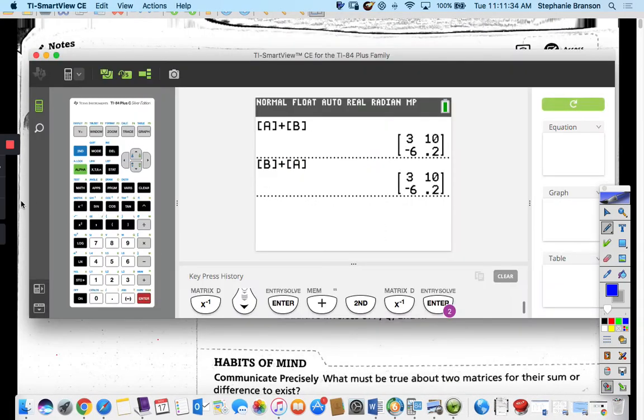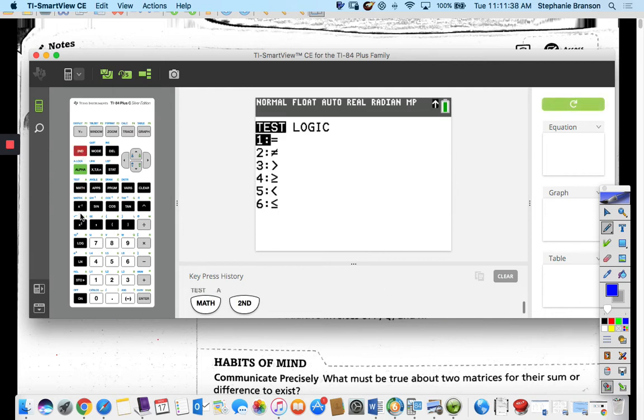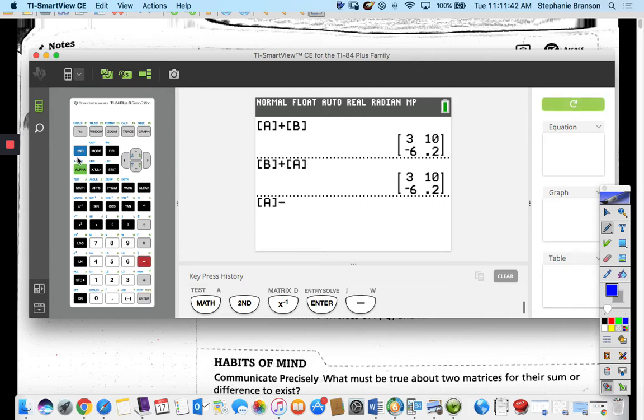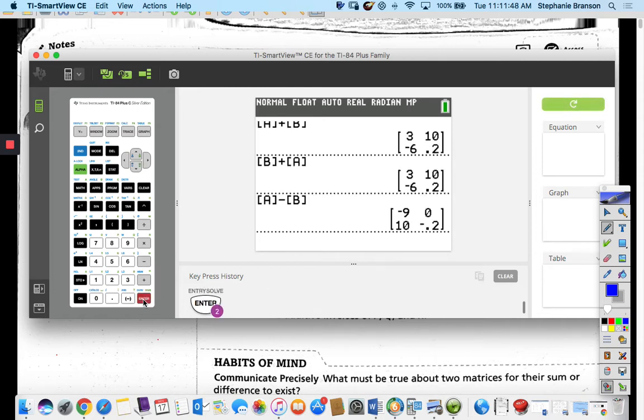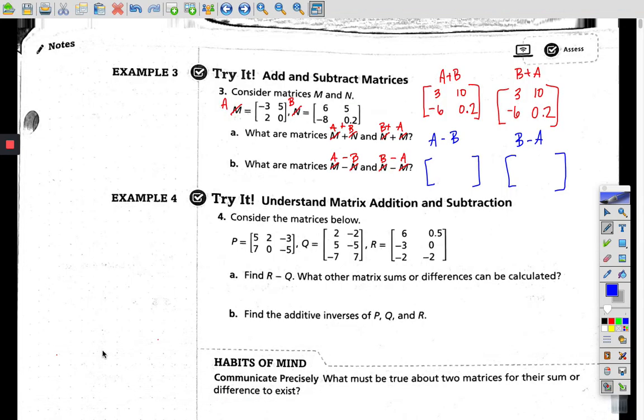All right, so we're starting with A minus B. And we get negative 9, 0, 10, and negative 0.2.